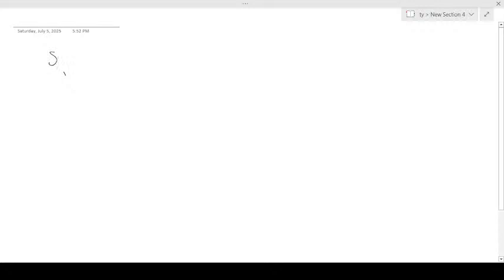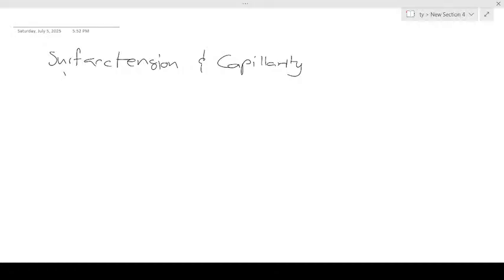So we have surface tension, then capillarity. For surface tension, it's like a force. It causes liquids to behave as a stretched elastic skin. That's the surface of water. So it occurs at the surface of water.